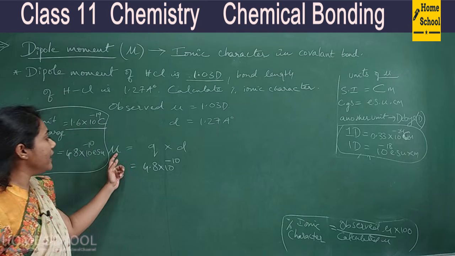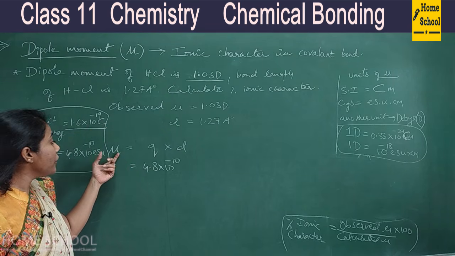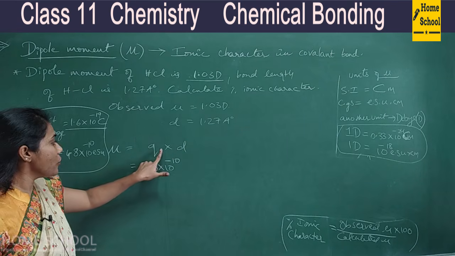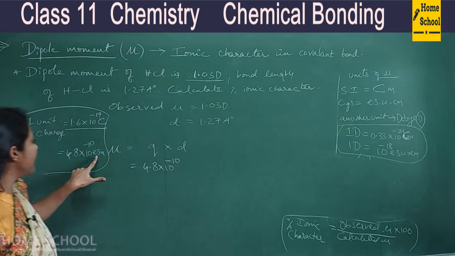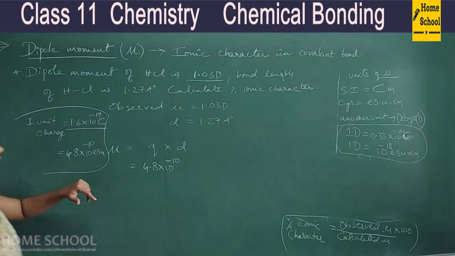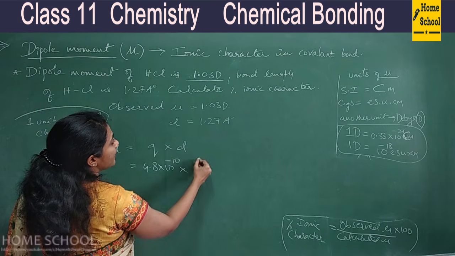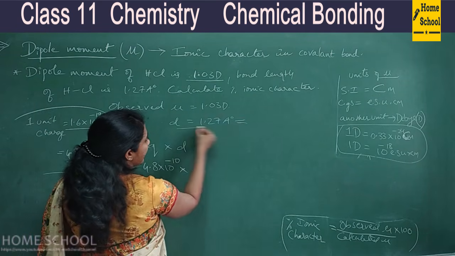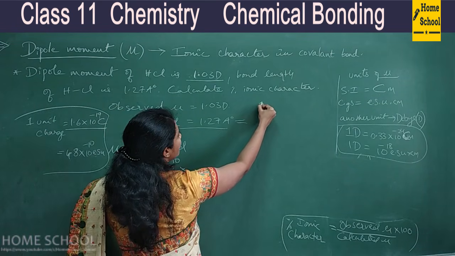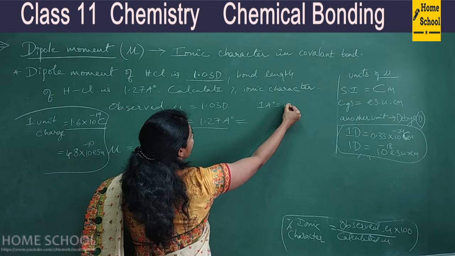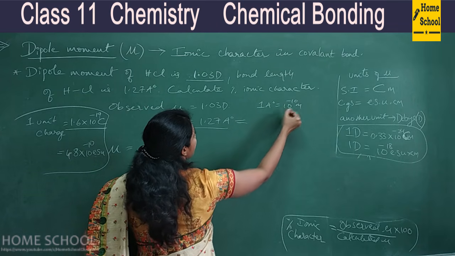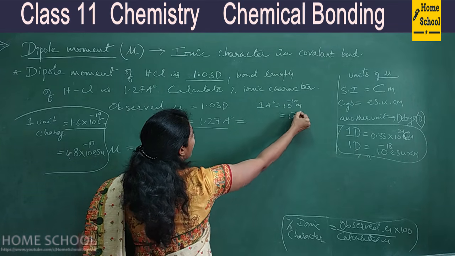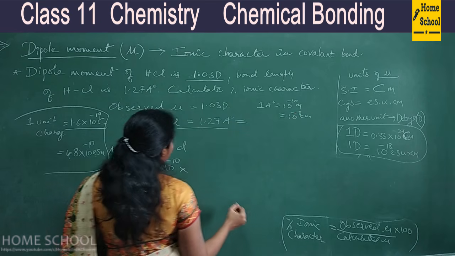So I am calculating the new value in ESU centimeter. So I took charge value in these units, 4.8 into 10 power minus 10 into distance. Distance, I need to take it in centimeter. So we all know 1 angstrom is equal to 10 power minus 10 meter, which is equal to 10 power minus 8 centimeter, right?